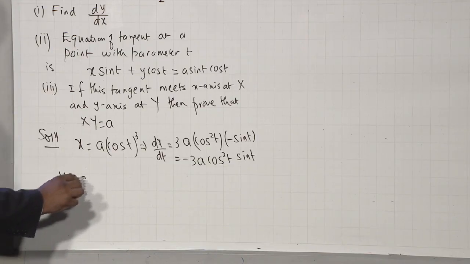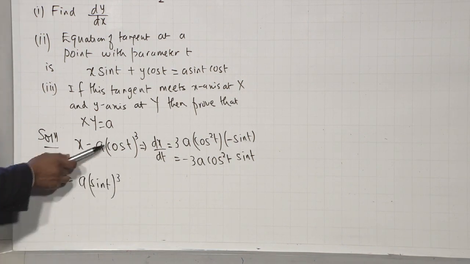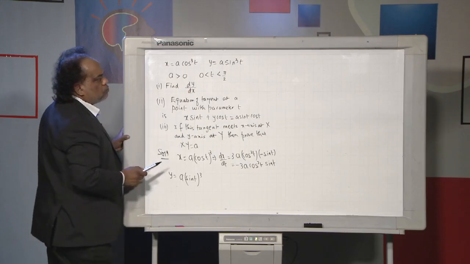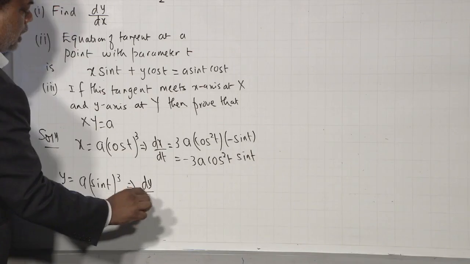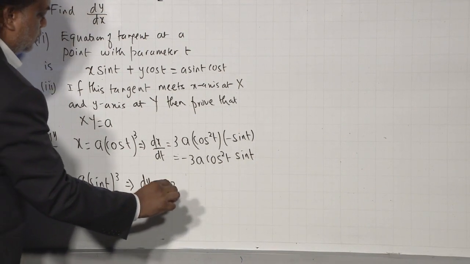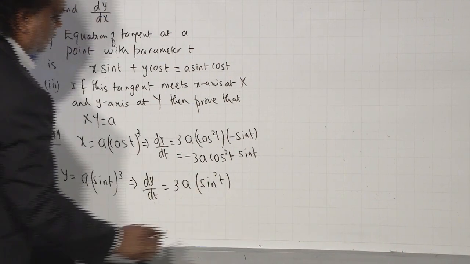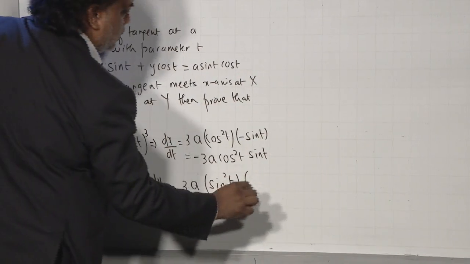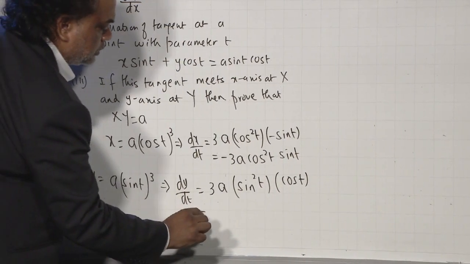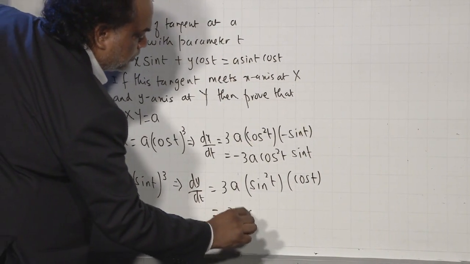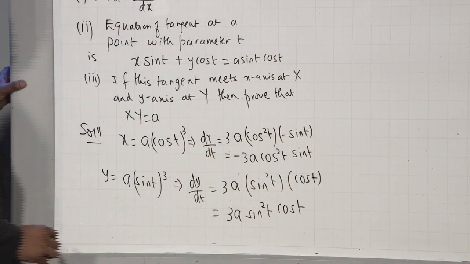Y is equal to a sine t cubed. Remember, these two equations were given already in the question. dy by dt equal to 3a sine square t, differentiate sine, we obtain cos t, so this gives us 3a sine square t cos t.